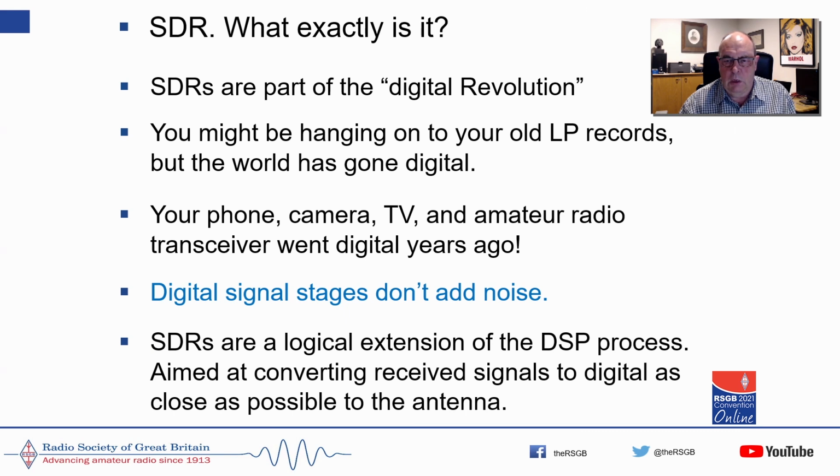So when I said that digital signals don't add noise, when you convert an analog signal to a digital signal using an analog to digital converter, you do get some noise. It's called quantization noise, and it's due to the error between levels in the ADC.